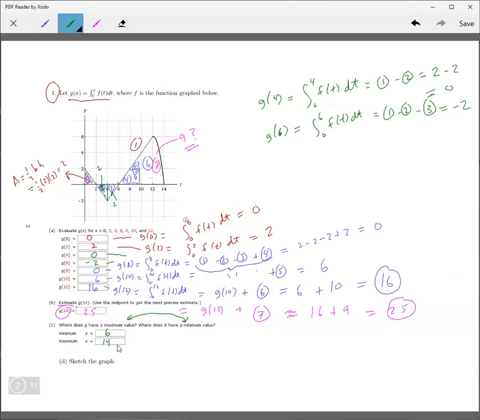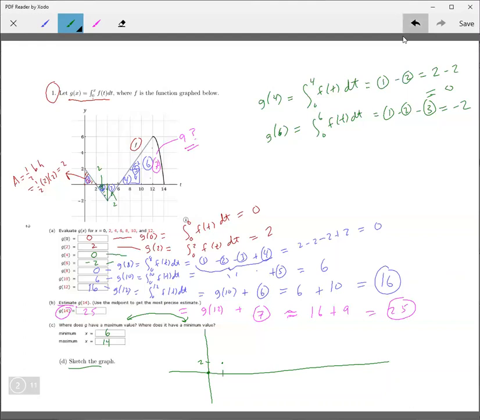Okay, now the next thing is to sketch the graph. And so maybe we can just plot a few points to kind of see what happens. So at 0, it's 0. At 2, it's 2. It's up here at 2.